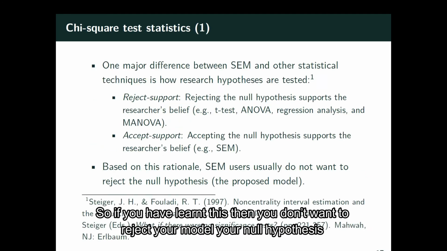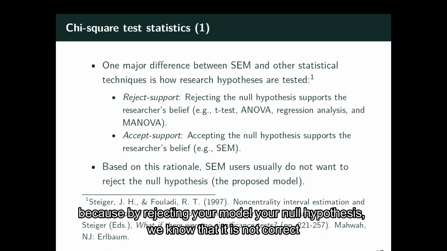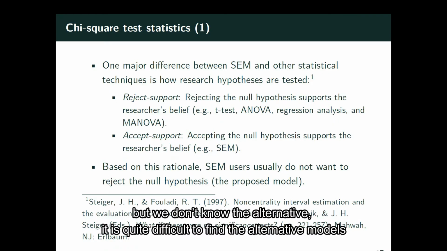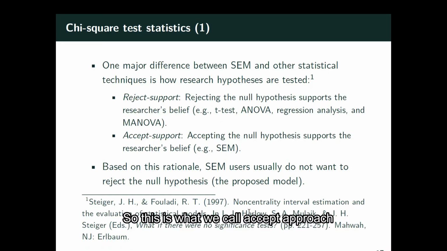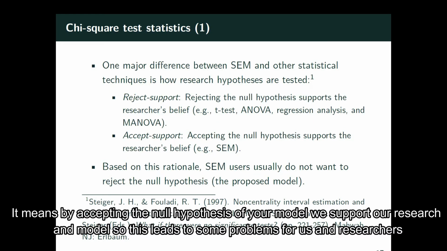So if you have learned this, you don't want to reject your model, your null hypothesis, because by rejecting it, we know that it is not correct, but we don't know the alternatives. It is quite difficult to find the alternative models. So implicitly, for researchers doing SEM, the hidden agenda is that we don't want to reject the null hypothesis. This is what we call the accept-support approach. It means that by accepting the null hypothesis, or model, we support our research model.